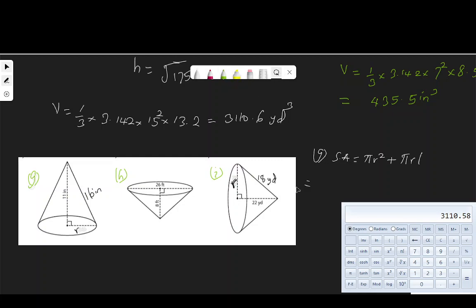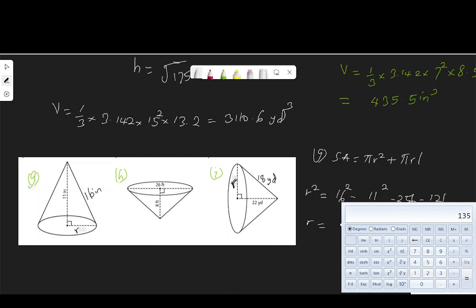So r squared, apply Pythagoras in this triangle here, r squared will be 16 squared minus 11 squared. 16 squared is 256. 256 minus 121, that is 11 squared, is 135.